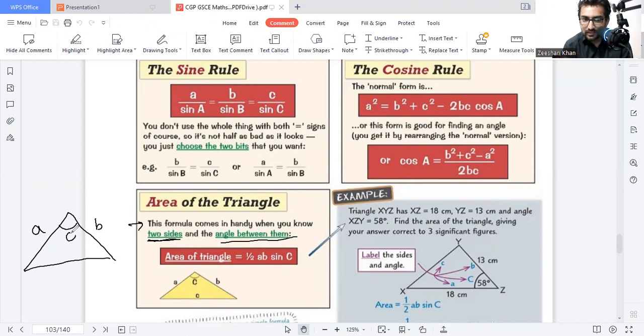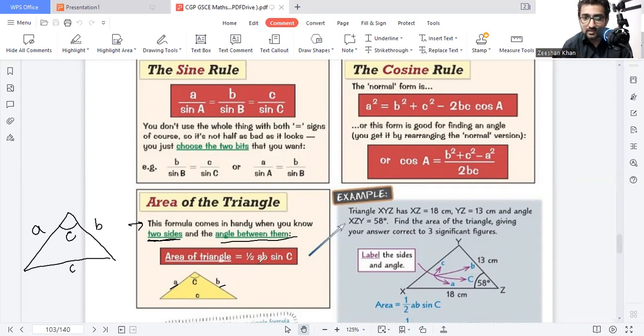So if this angle is capital C, then opposite to this angle would be side c, small c. And here is capital A angle, but that is not given, so I'm not writing it. You can see two sides are given, a and b, and the angle between them, capital C. If these three values are given, you can use this formula.